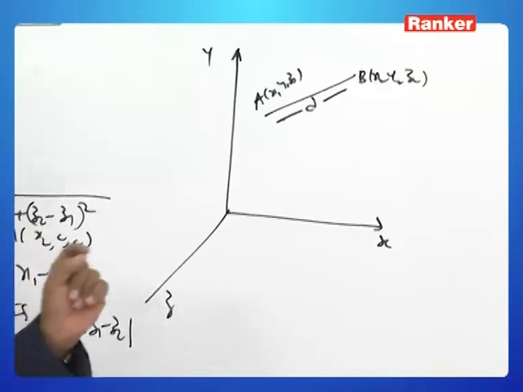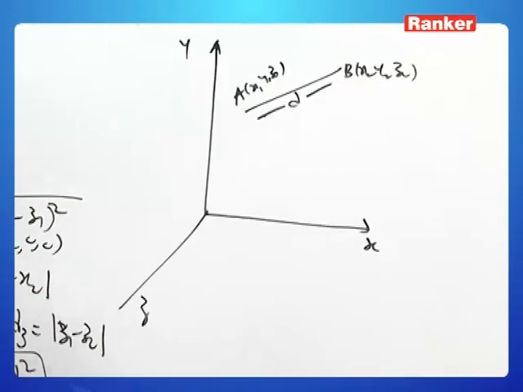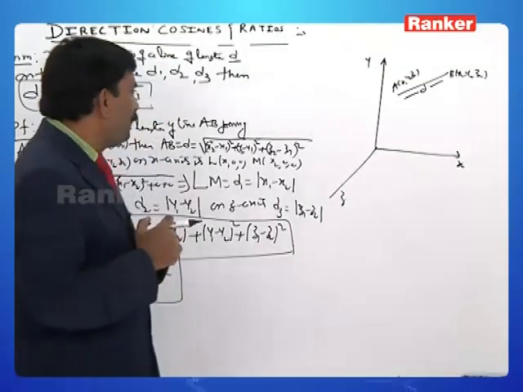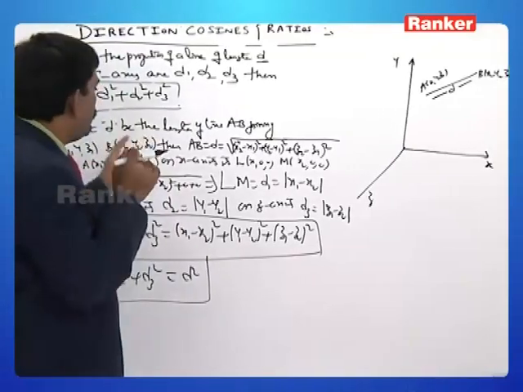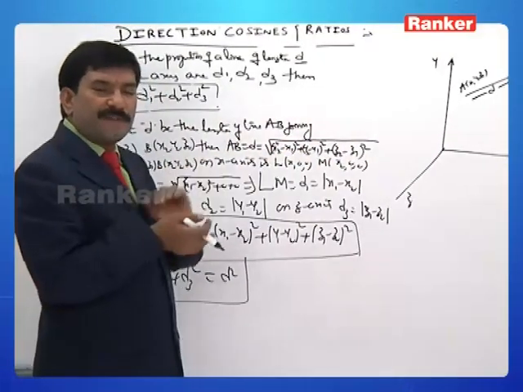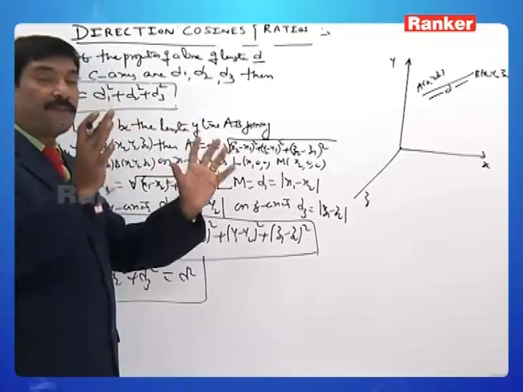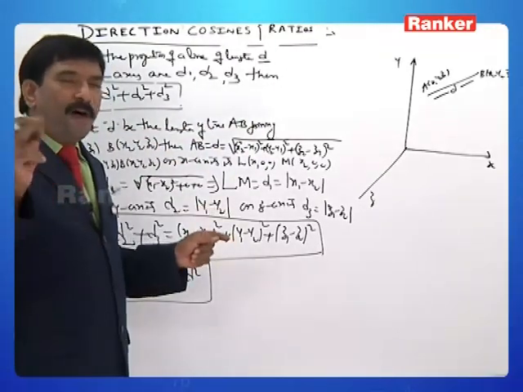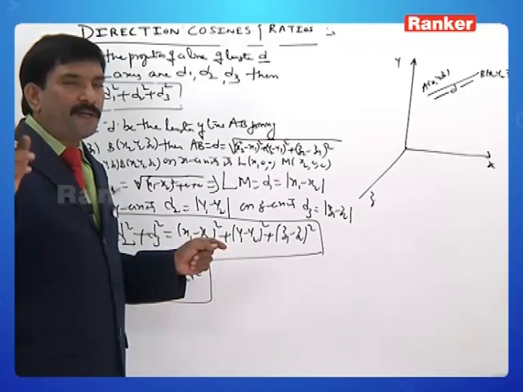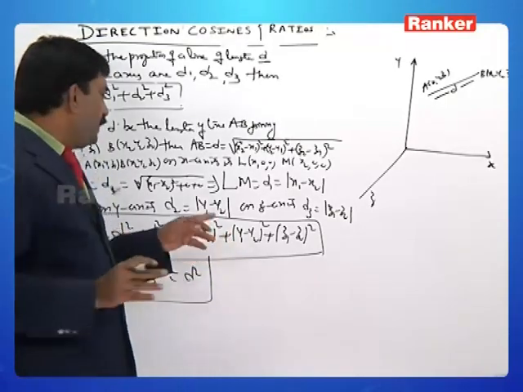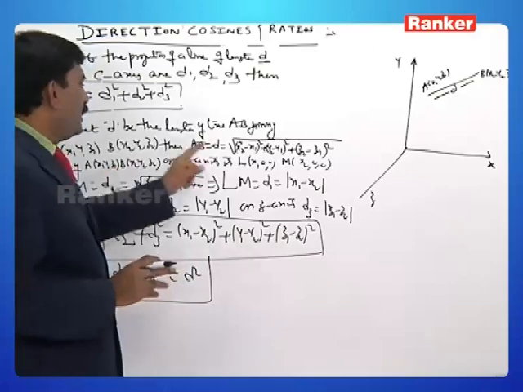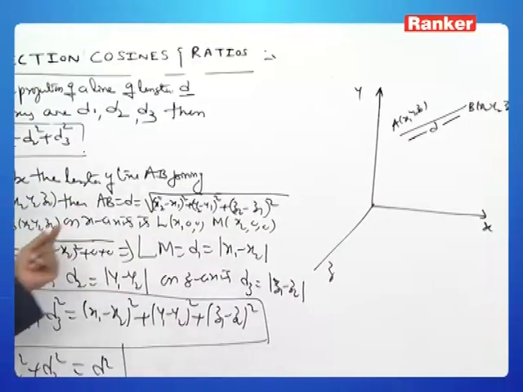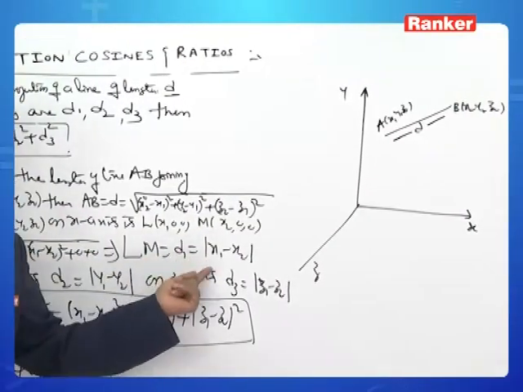The line segment joining AB, let its length be d. So d is obtained by applying the distance formula. Next, the projection of AB on the x-axis is LM. On the x-axis, the y and z coordinates are 0. So L is this, M is this, apply the distance formula. This can be taken as d1.